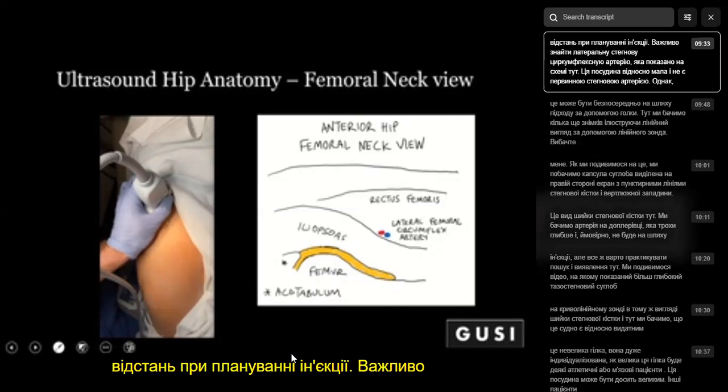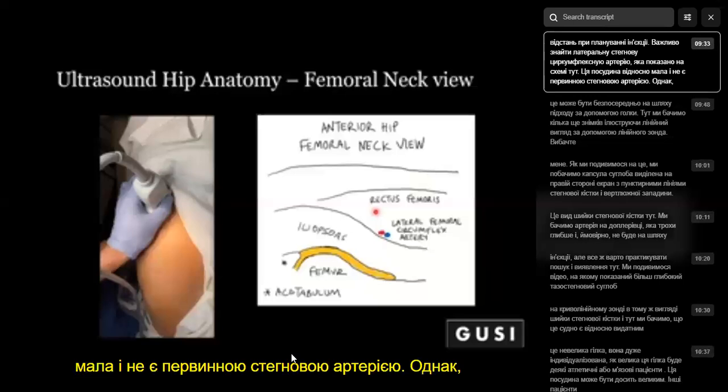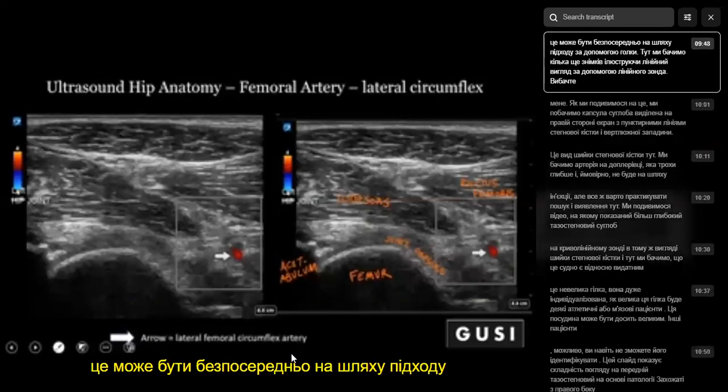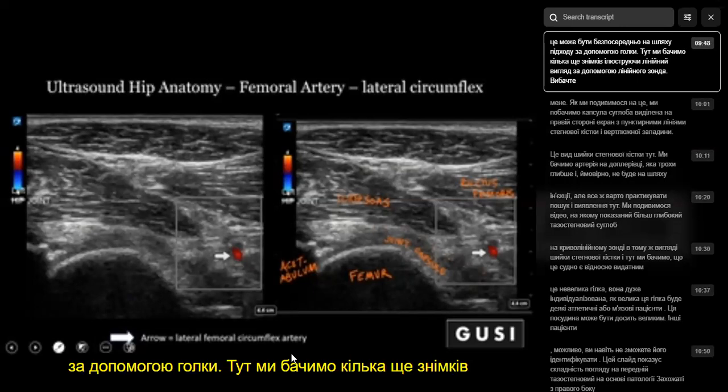When planning for an injection, it's important to find the lateral femoral circumflex artery, which is shown on the diagram here. This vessel is relatively small and isn't the primary femoral artery. However, it can be directly in the way of an approach with a needle.